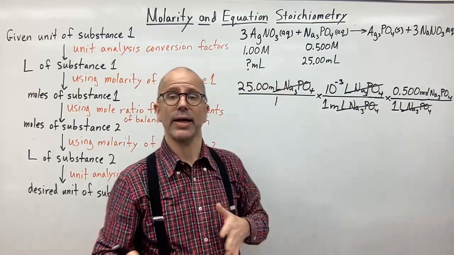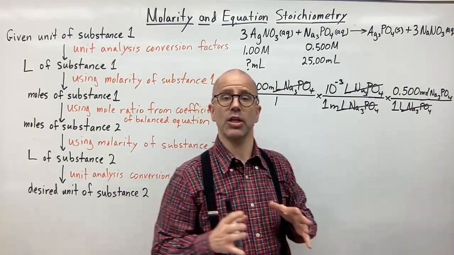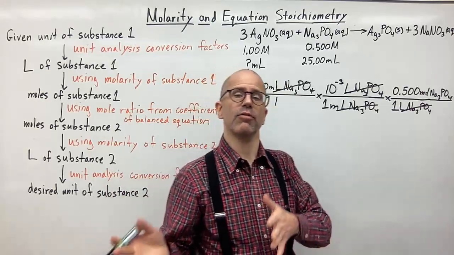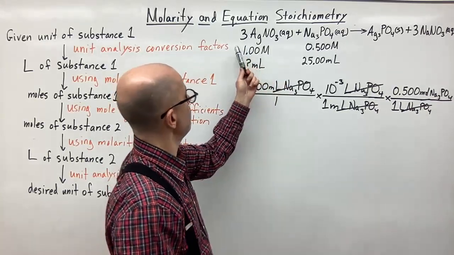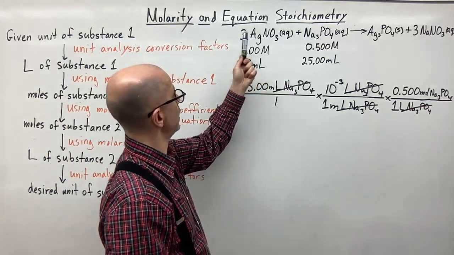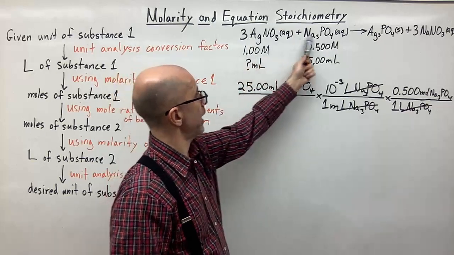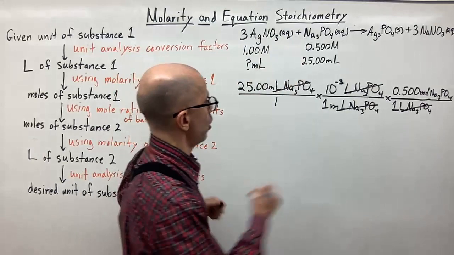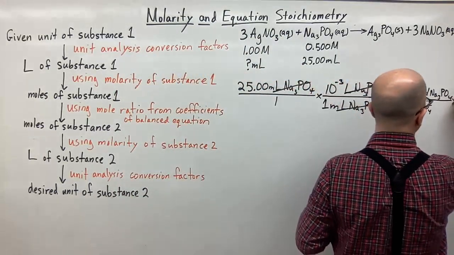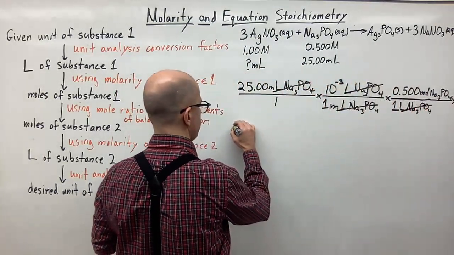So now I can go to the second step, which is to use the mole ratio to convert from moles of one thing to moles of another thing. So here I'm going to use the mole ratio between silver nitrate and sodium phosphate. It's a 3-to-1 ratio. So I'm going to continue down here because I don't have room.